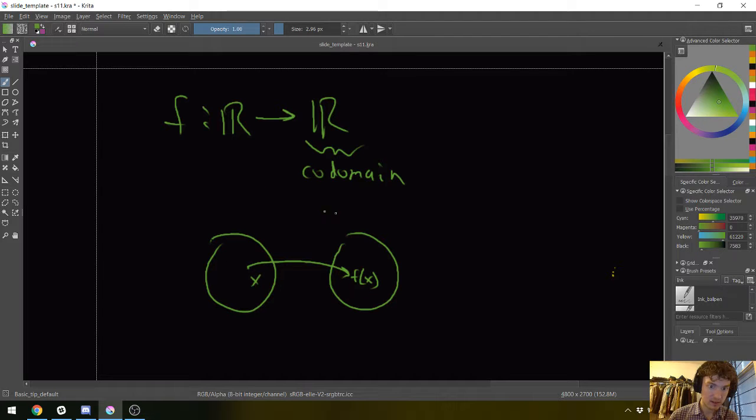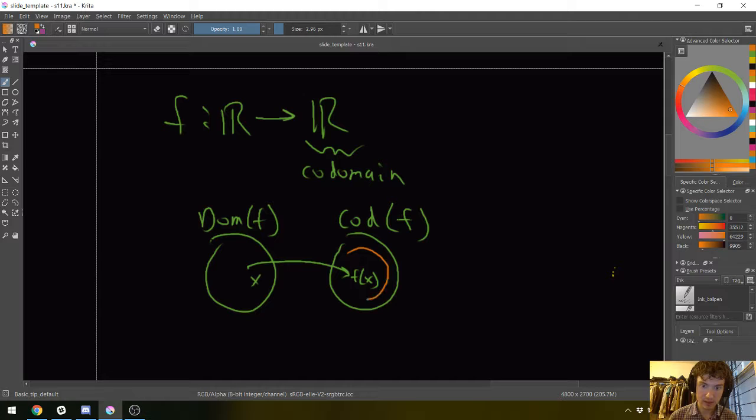So the codomain is just the set where the outputs live. It could be bigger than the range, but it's just some set which contains all of the outputs. And then, as you said, the range is a subset of the codomain, which is all of the values it actually outputs. I think that's a good definition.